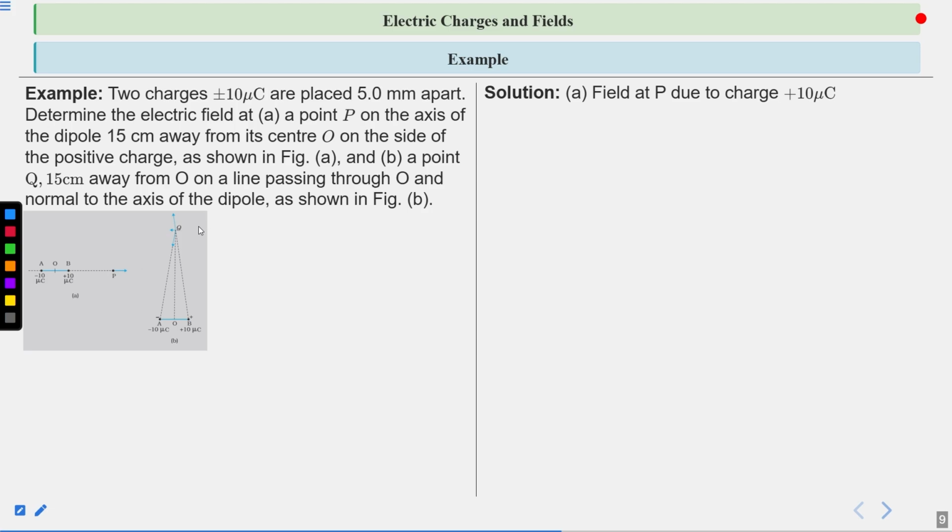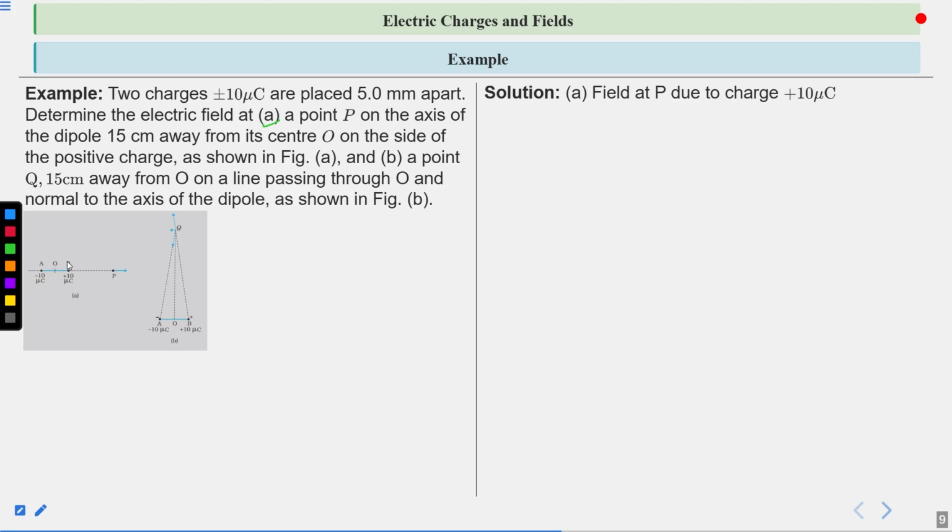So using the concept of the electric dipole, we have to find the field. In the first case, listen carefully, a point P on the axis of the dipole. The axis is this one, yes or no? And the dipole consists of equal and opposite charges, minus 10 microcoulomb and plus 10 microcoulomb.